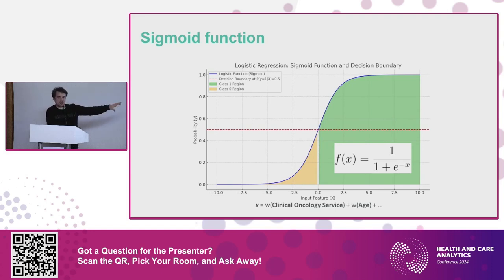Then you feed the output of that linear model into a function called the sigmoid function in order to squash the output between 0 and 1. Because of the inherent properties of this equation, that gives you a probability. So the output of this equation acts as a probability.